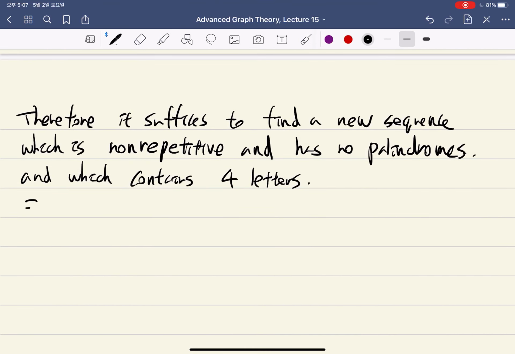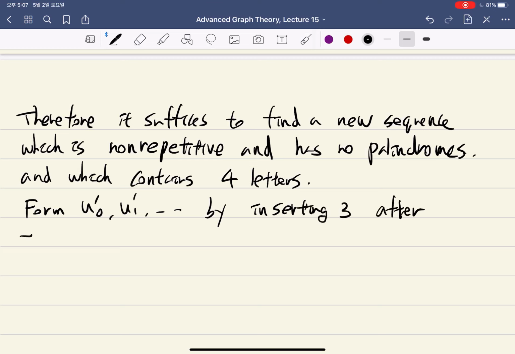So what we do is we form u prime 0, u prime 1, this new sequence by inserting 3 after each pair of elements in this original sequence.